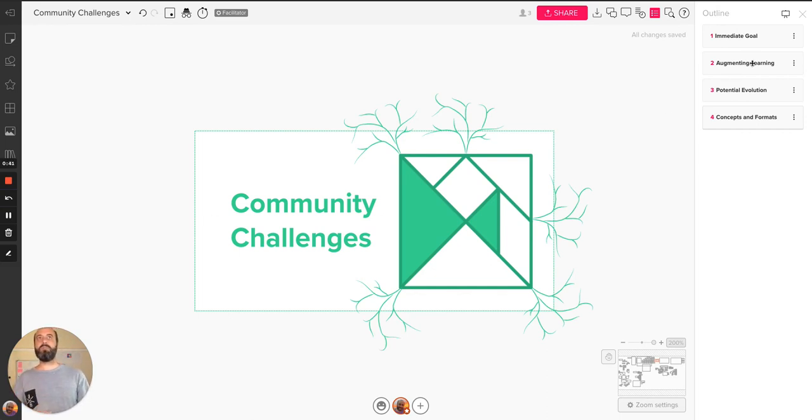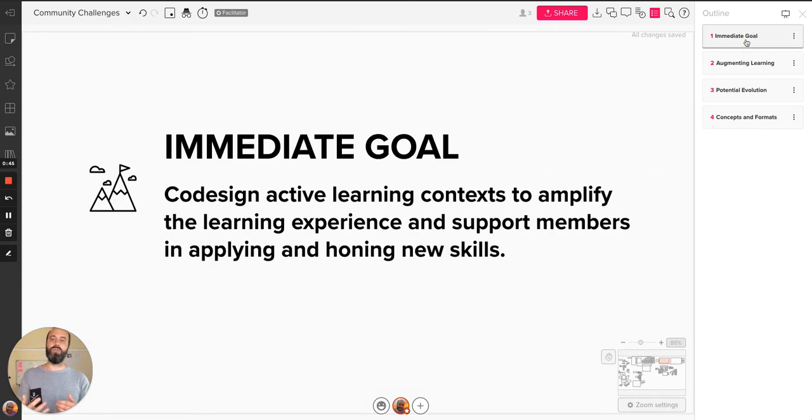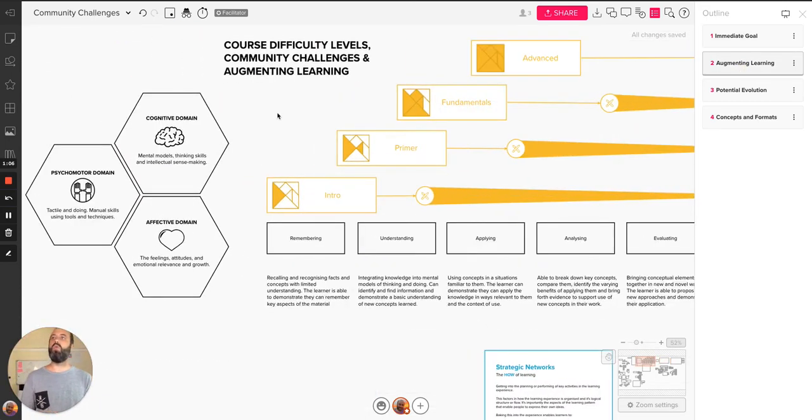So our immediate goal here is really to co-design these active learning contexts that are created by the community of practice to really support the whole learning experience and move through the different stages or phases of learning, which I'll talk about just now and how we're looking to augment that.